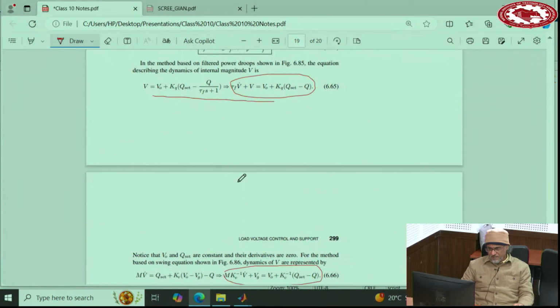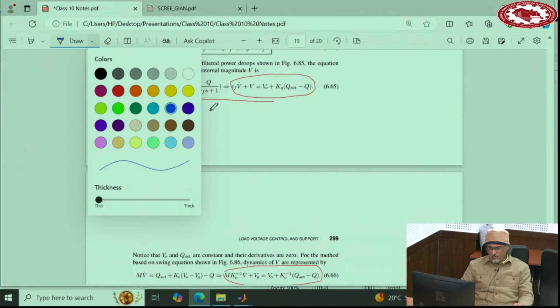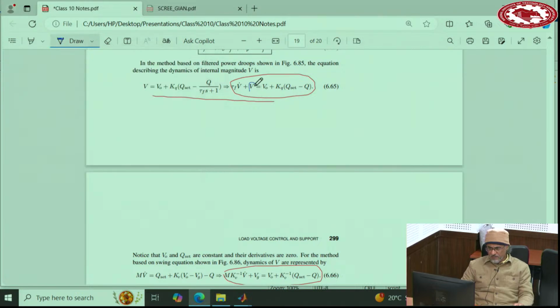But not exactly, you cannot see that exact equivalence because of this term V and this term VG here. V represents the internal voltage, VG is the grid voltage. So in one of them it is the internal voltage, in one of them it is the grid voltage. So that's a small difference.